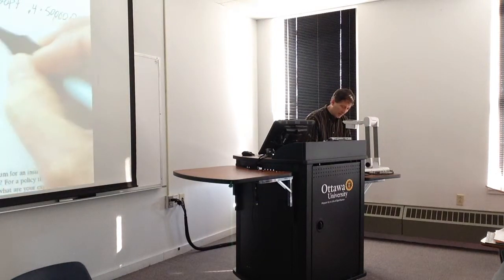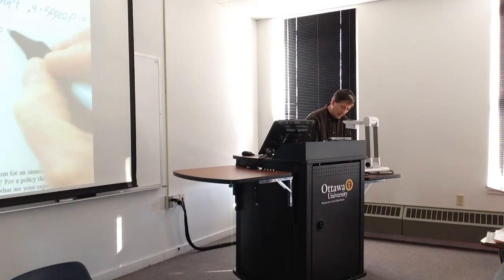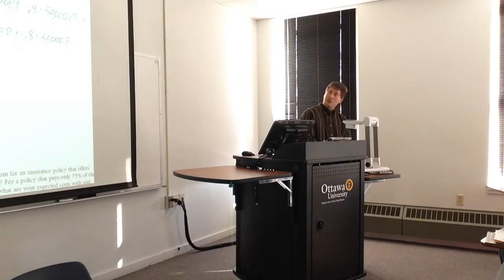0.2, good, so he gets 20% chance of getting the 10 now. And he's still going to get the P, plus 0.8 times our $50,000 chunk, so he's got a lot better chance of getting a higher end. And then what's the last little chunk we added on? $1,000 cost.